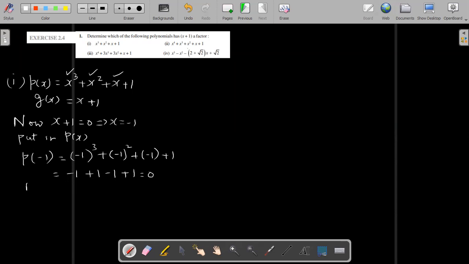So by factor theorem, x plus 1 is a factor of this given polynomial x cube plus x square plus x plus 1.